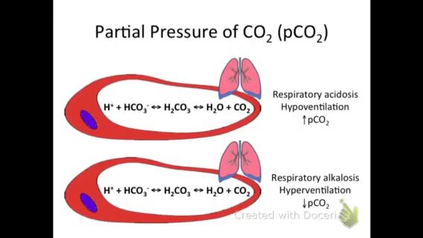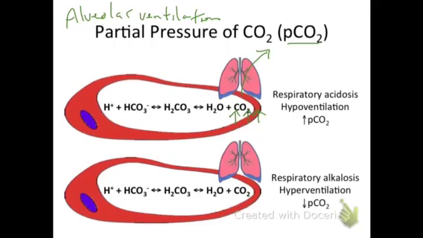The partial pressure of carbon dioxide, or PCO2, is an assessment of alveolar ventilation. And the alveolar ventilation is the rate at which gas enters or leaves the lungs. So if CO2 leaves the lungs at a slower rate than normal, so we'll just pretend that this one arrow is a slower rate than normal, then that causes the CO2 to build up within the blood.